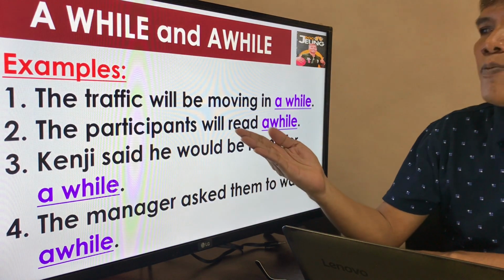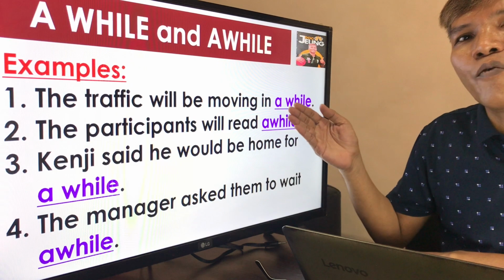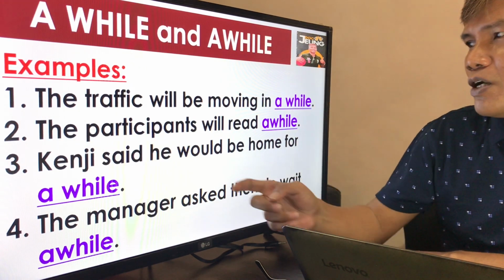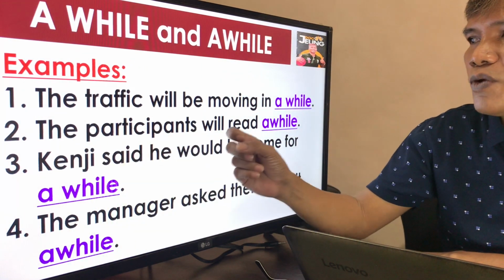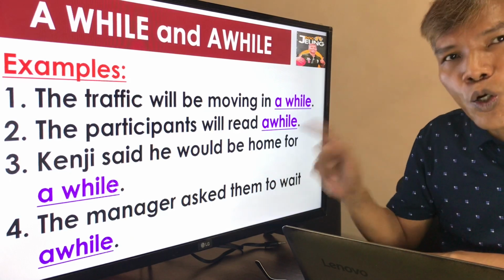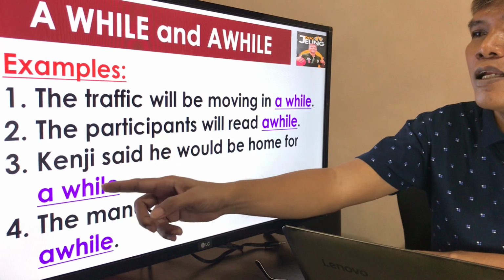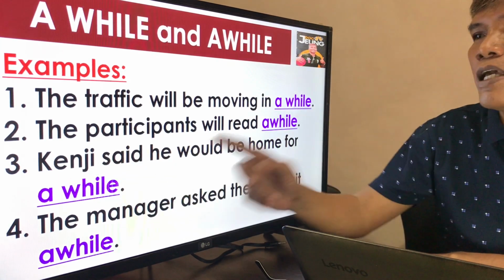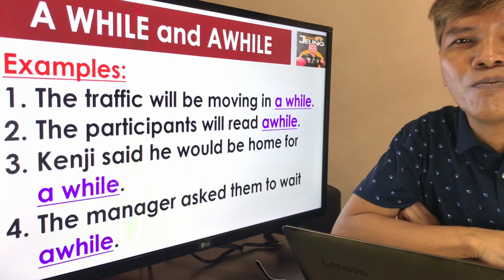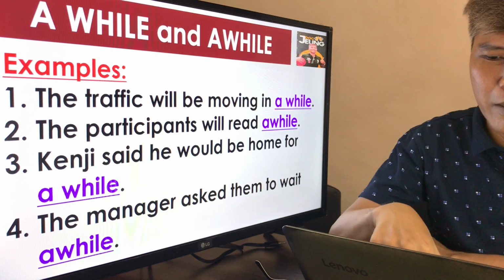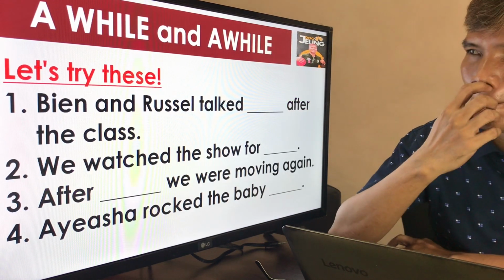It's like the traffic will be moving for a period of time. For number two, the participants will read for a short period of time. The same with number four, and number one and three have the same meaning, for a period of time. Okay, let's try it.